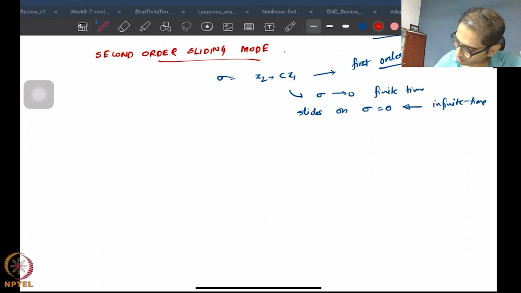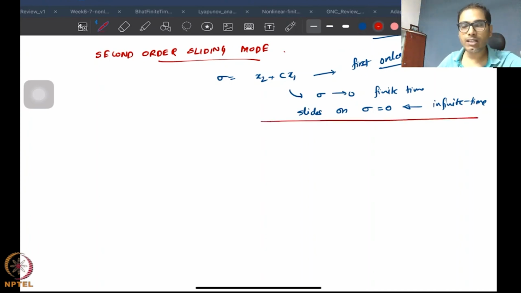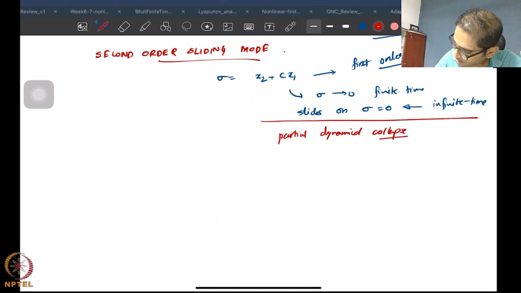And what we say is, when a behavior like this happens for a dynamical system, that it starts to move or restrict itself to a one-dimensional surface, then we say that there is partial dynamical collapse, right? Which means that you have started off with a second order system, two state variables, but you collapsed and started moving on a dimension 1 curve.